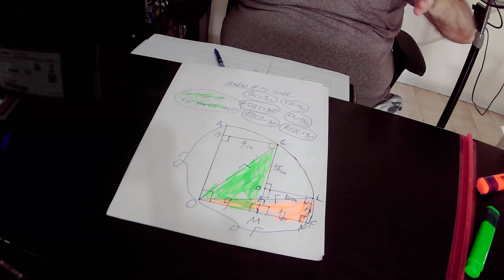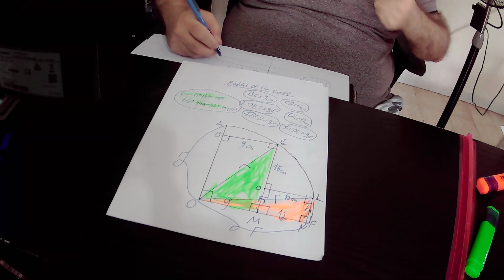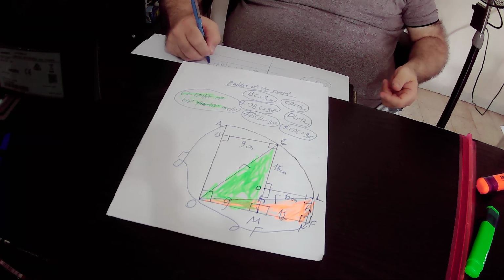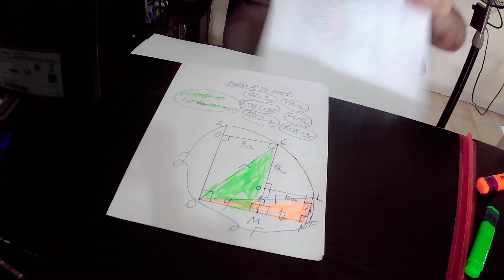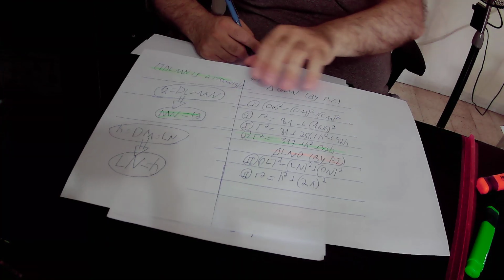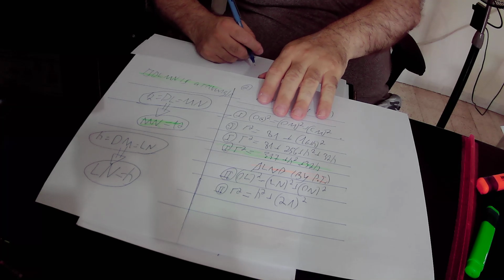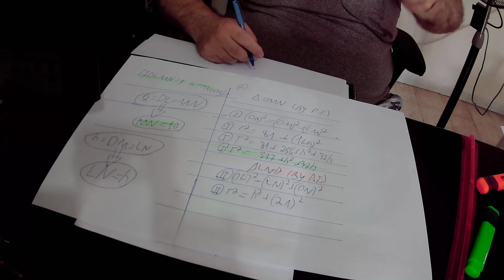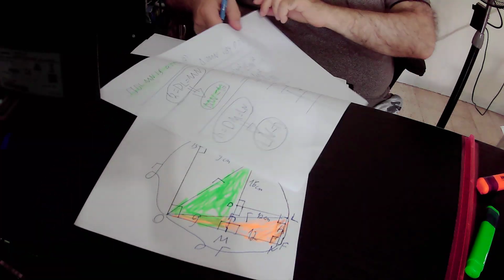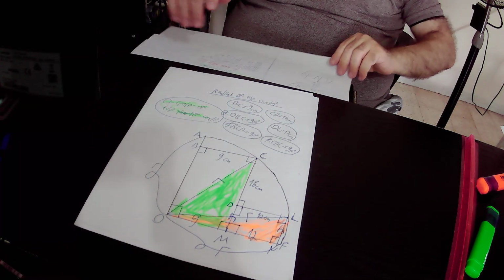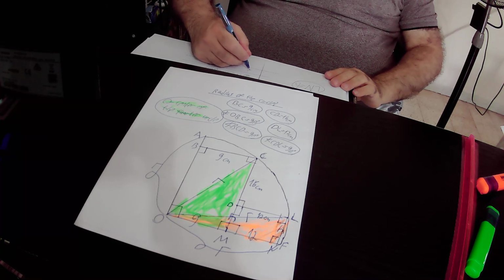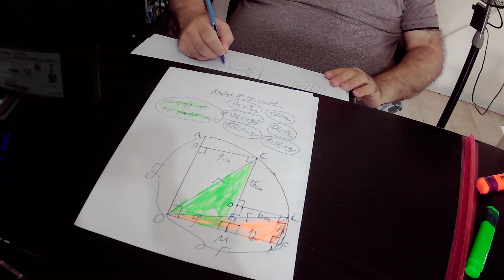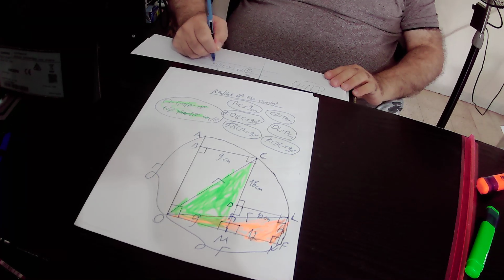And 9 plus 12 is 21. So in conclusion, ON equals 21, therefore ON square equals 21 square. So according to equation number 2, we found that R square equals H square plus 21 square. 21 square is 441, so I write it down. We found that R square equals H square plus 441.